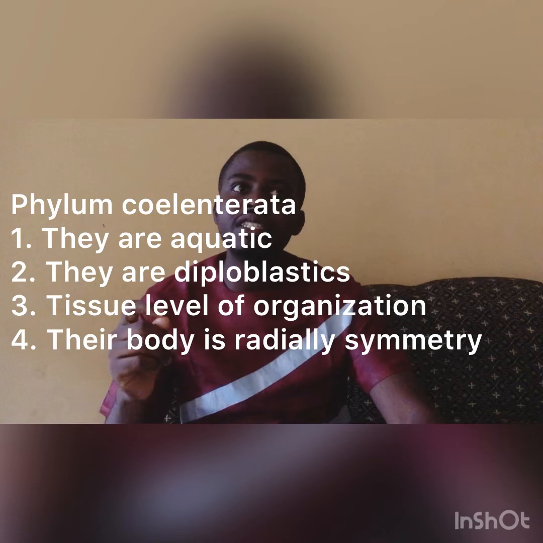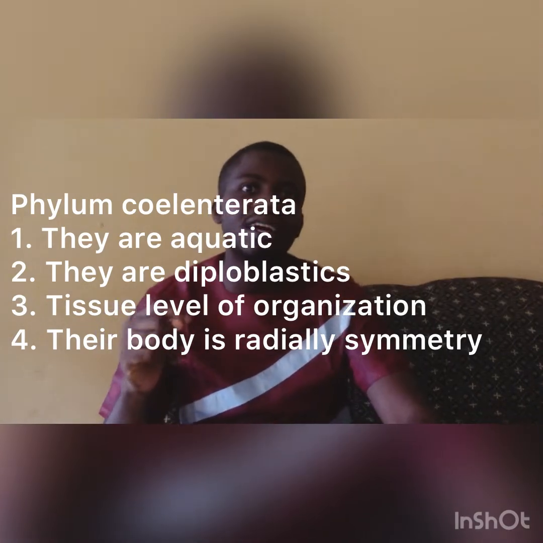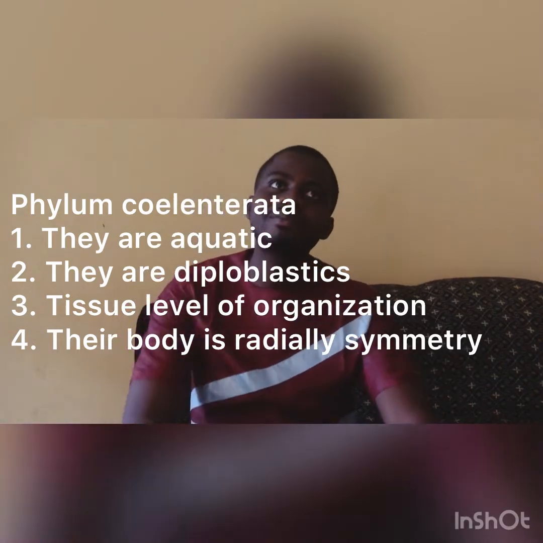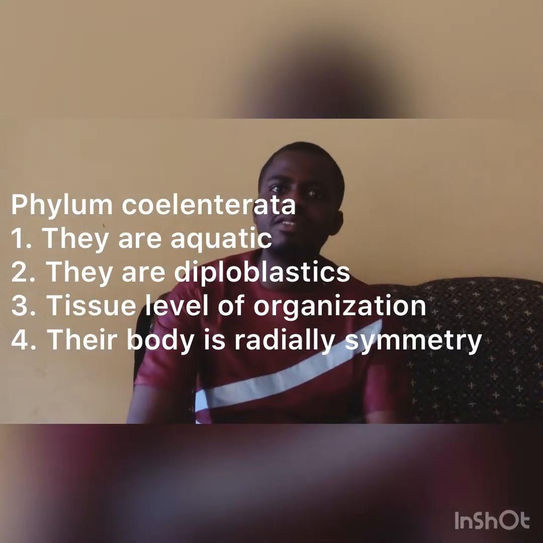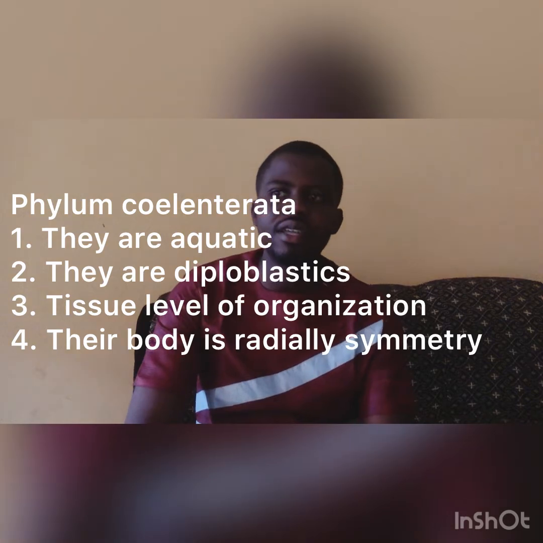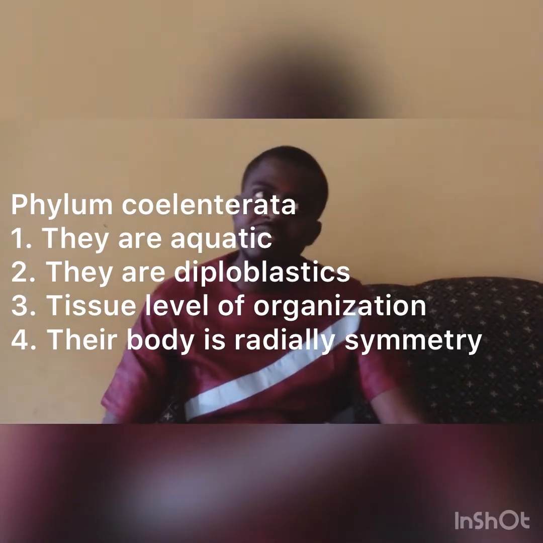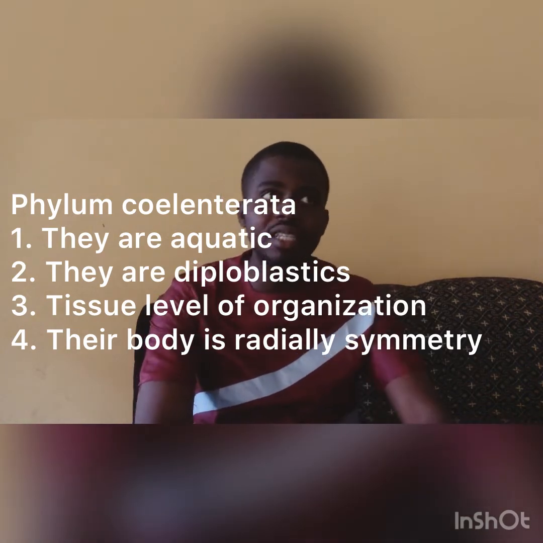And the third thing that we mentioned here about the phylum Coelenterata is that they have a tissue level of organization. In the first class, I mentioned the levels of organization that we have: the cell, the tissue, the organ, the system, and then the organism. So the coelenterates belong to this tissue level of organization.